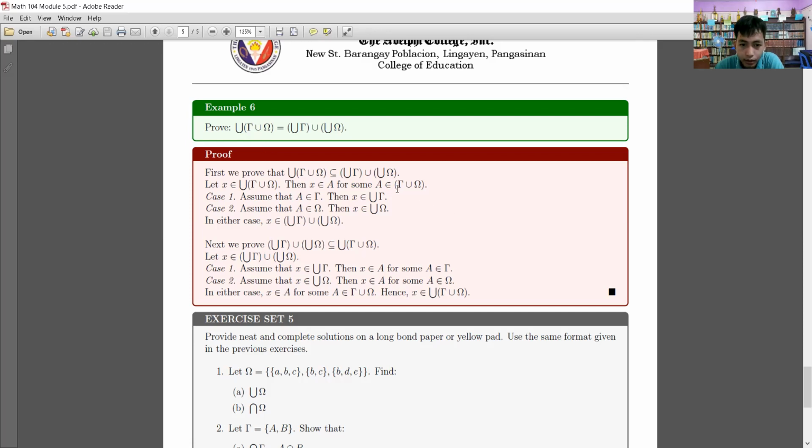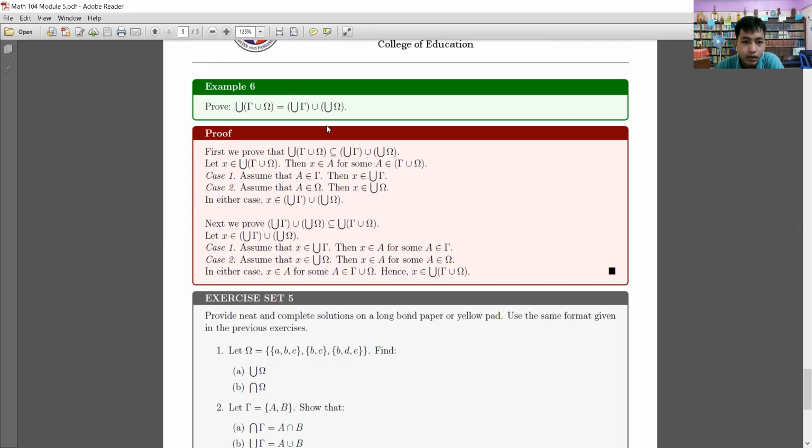So either nandun siya sa tau or nandun siya sa omega. So case 1, kapag nasa tau ka, therefore, nandun ka sa union of tau. Case 2, kapag nandun ka sa omega, nandun ka sa union ni omega. So either case, nandun siya sa union nung dalawa. Okay?